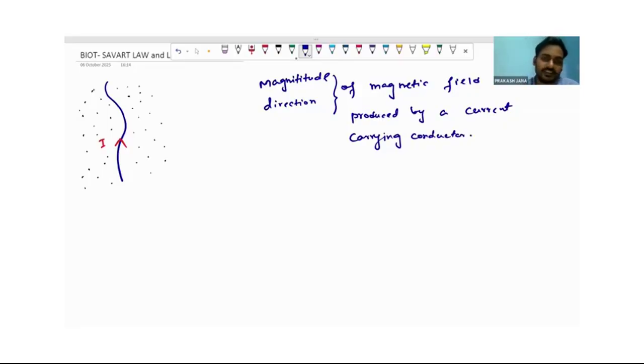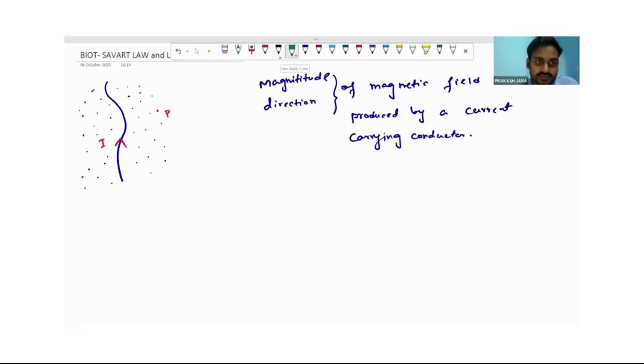Fine. Suppose we are interested at this point. Suppose the point be P. We want to calculate, according to Biot-Savart law, what will be the magnetic field at point P, not due to the entire conductor.